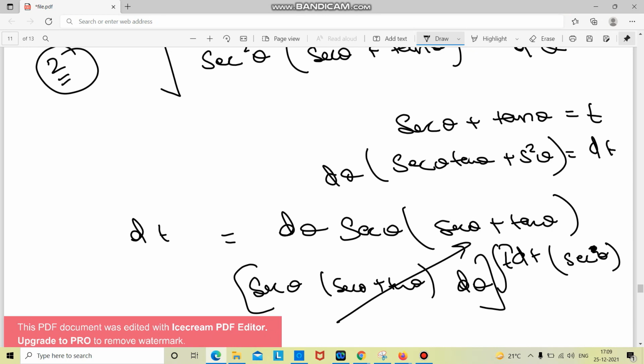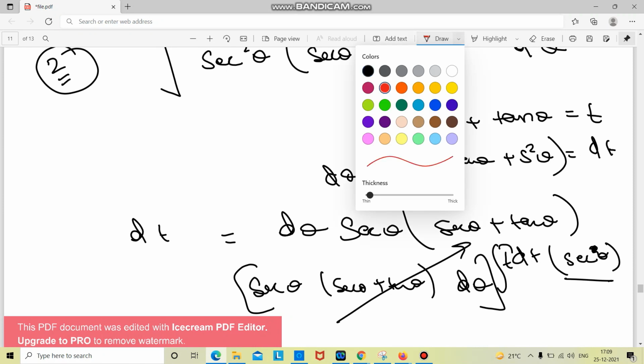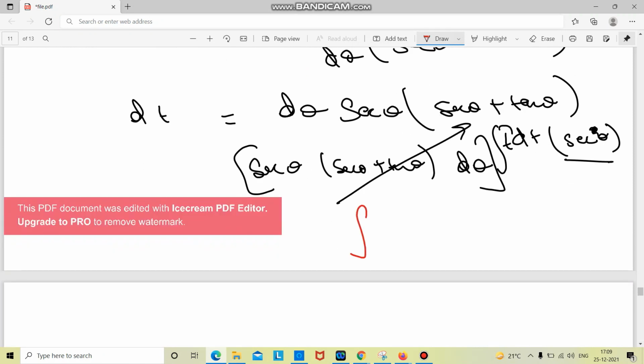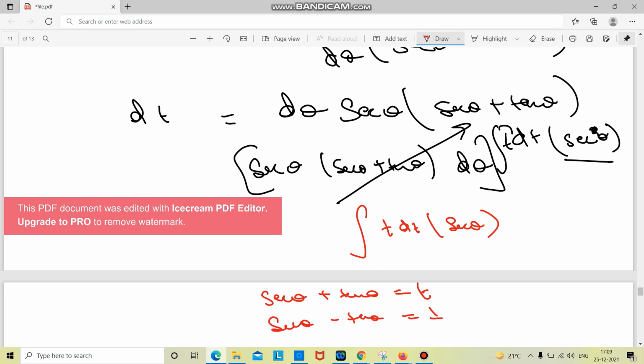So our integration becomes integral of sec theta by t squared dt, and we have to now find the value of sec theta to integrate or to find our answer. We know that sec theta plus tan theta is t, and sec theta minus tan theta is 1 by t.